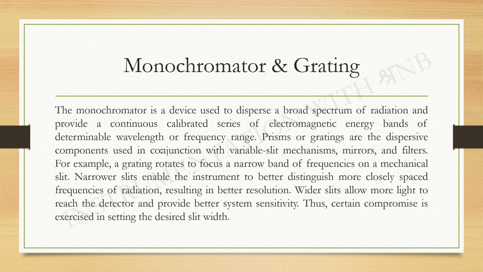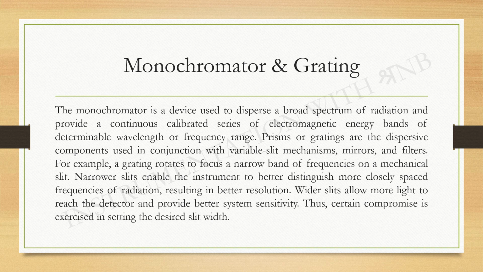Monochromator and grating. A monochromator is a device that is used to narrow down the spectrum of electromagnetic radiation to our desired wavelength or frequency range. How can it be done? It can be done using prisms or gratings that are attached in a particular manner with mirrors and filters.